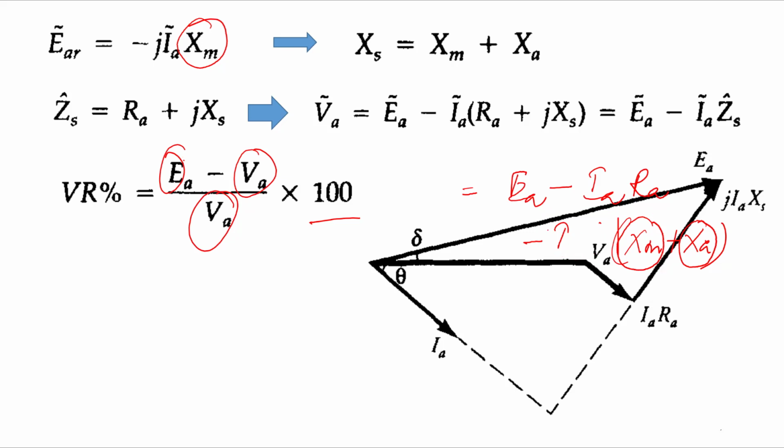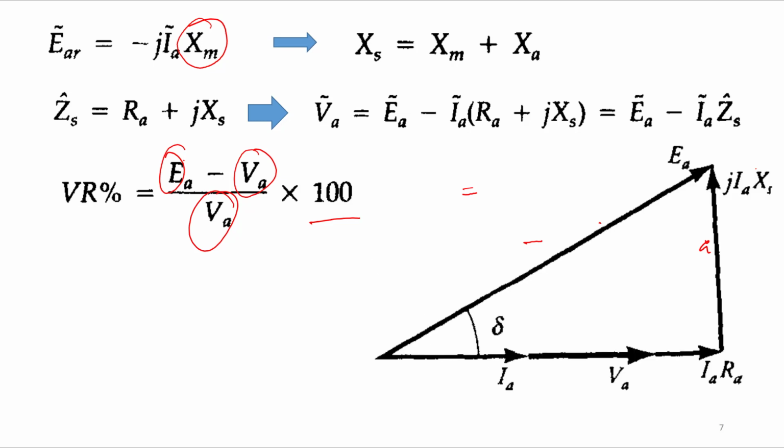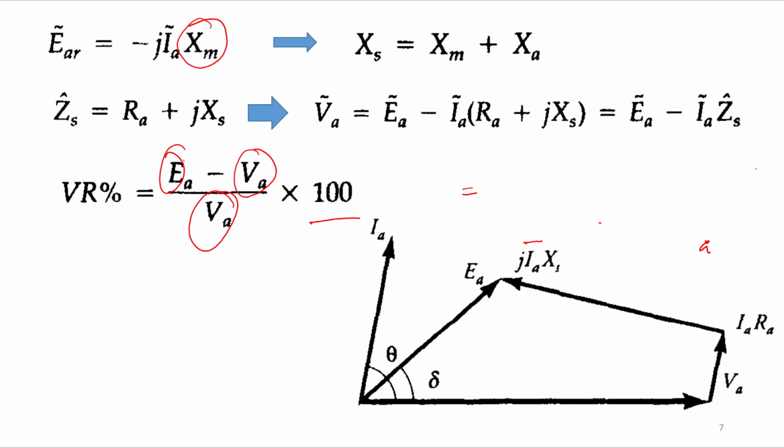Now the diagram is more clear here. You can see here this is your diagram for the unity power factor. Now this is for the lagging power factor, this is for the unity power factor, and this is for the leading power factor.